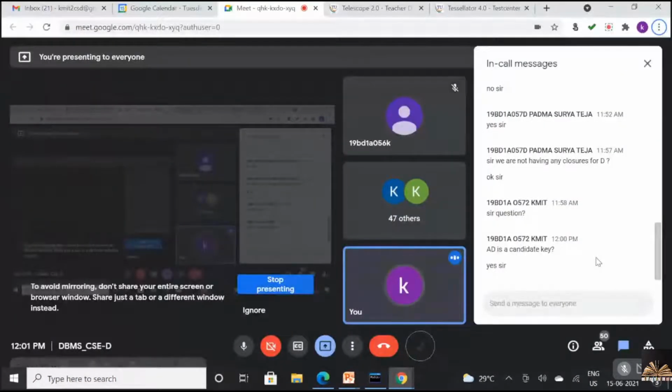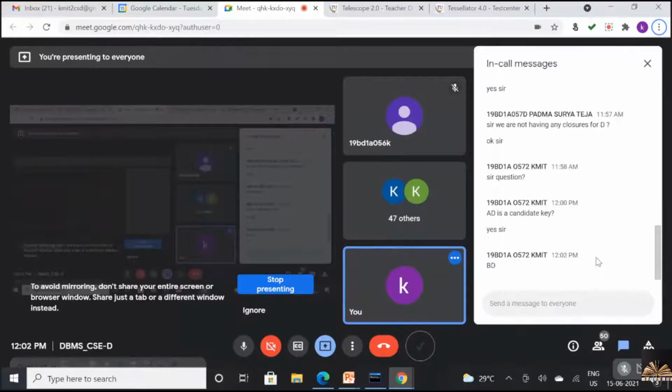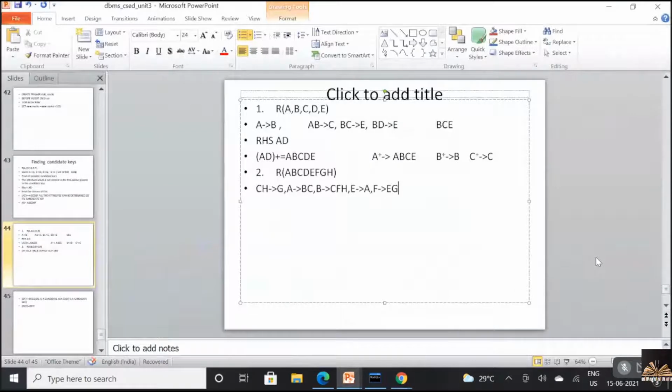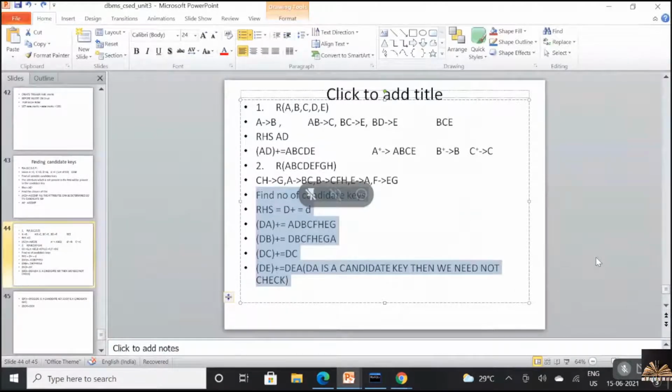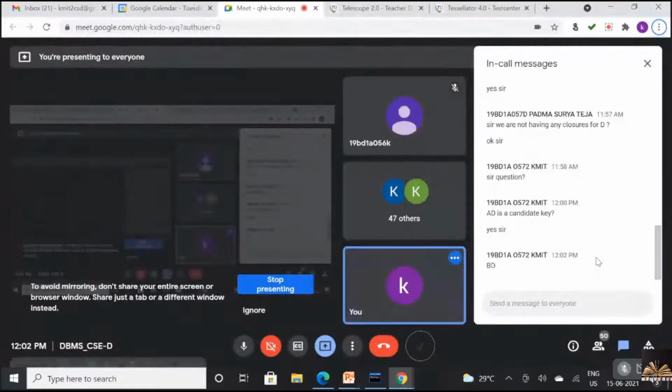I told you find out all the candidate keys. What about others? Are you getting it or no?